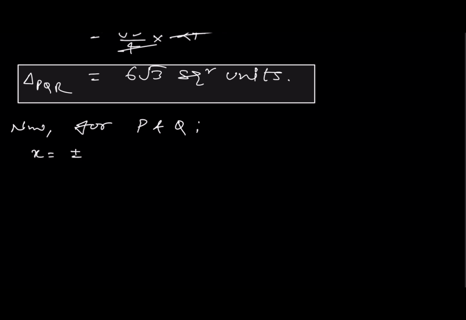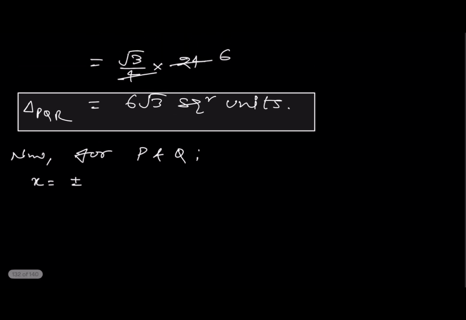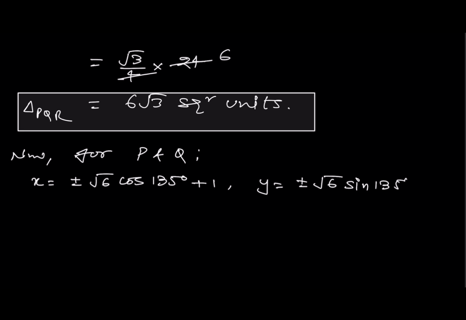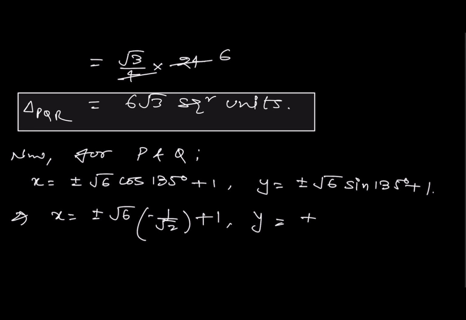So x is equal to plus minus root 6 cos 135 degree plus 1, y is equal to plus minus root 6 sin 135 degree plus 1. Okay, so x is equal to plus minus root 6 cos 135 minus 1 by root 2 plus 1, and y is equal to plus minus root 6 sin 135 is 1 by root 2 plus 1.